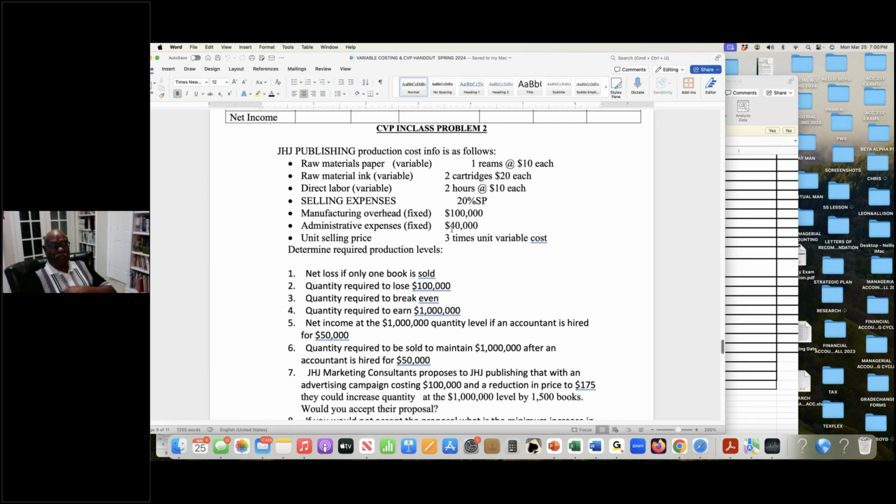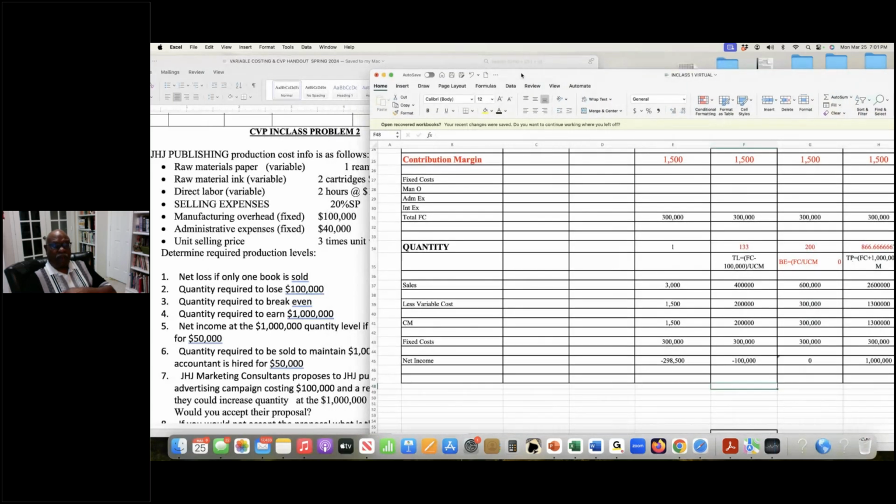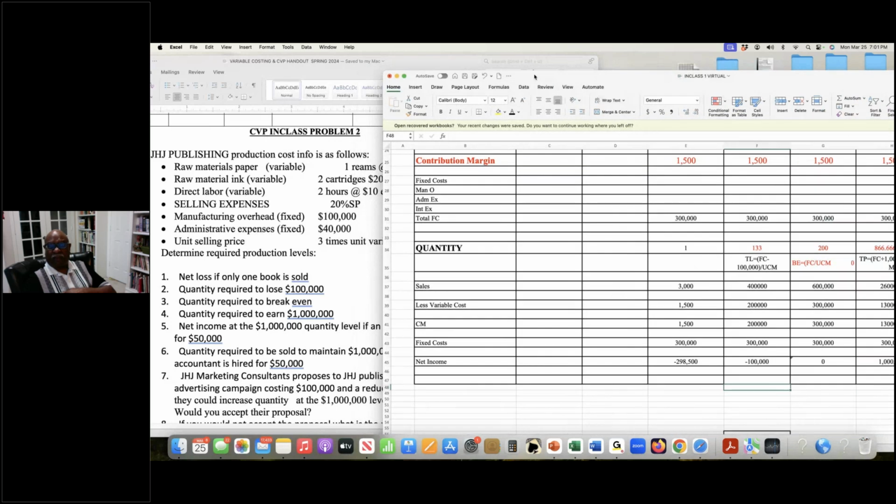So I've got 2 fixed costs that I'm going to have to add together, and my unit selling price is 3 times the variable cost. What's going to be the situation if I sold 1 in this case? If I sell 1, what are things going to look like?